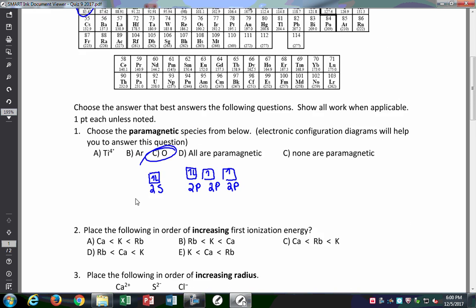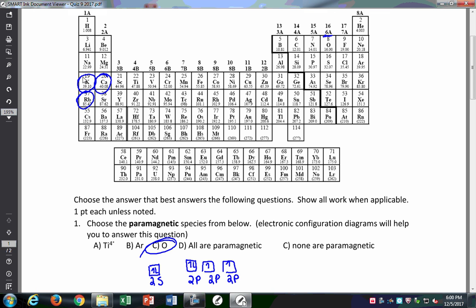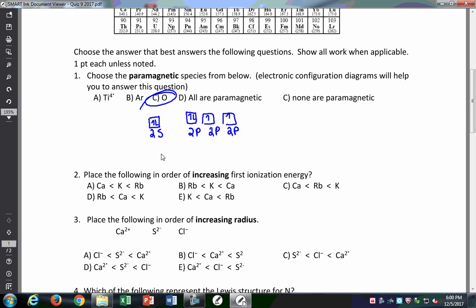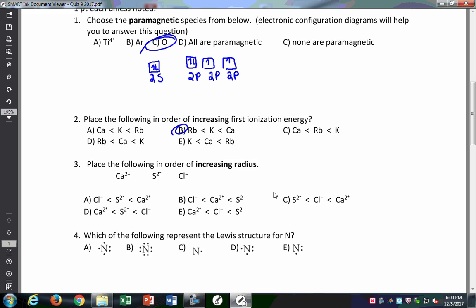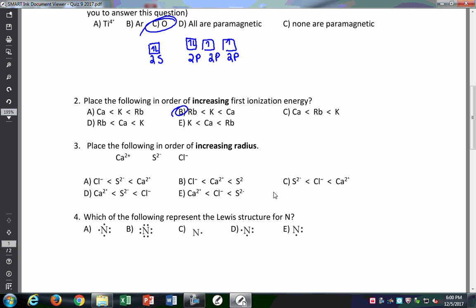Then potassium's a little bit harder because we only have 1 proton in the nucleus, and then calcium's a little bit harder because we have 2. So as we go across versus down, the trends are opposing each other. But if you think about what we're doing, which is removing the electron, it makes sense.